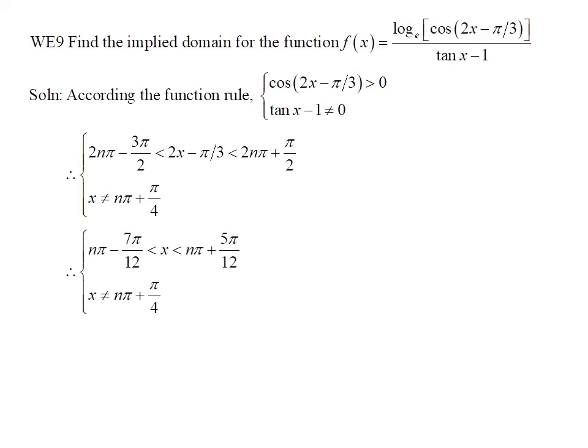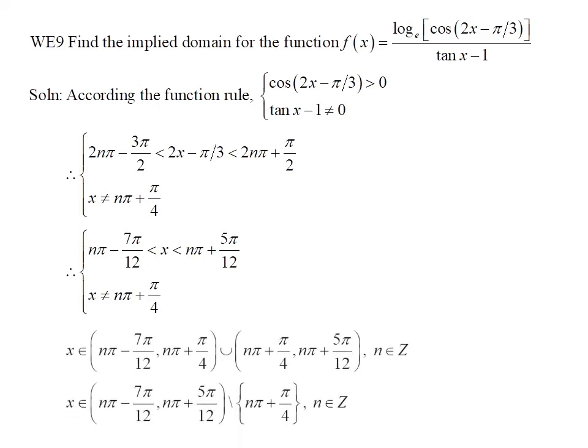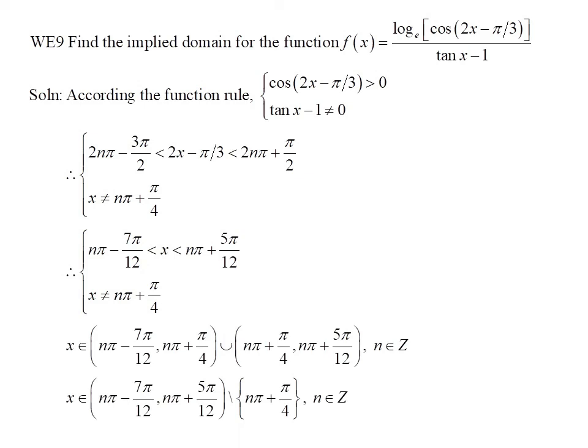After intersecting both conditions, the implied domain is the set from n pi minus 7 pi over 12 to n pi plus 5 pi over 12 except n pi plus pi over 4, where n is an integer.